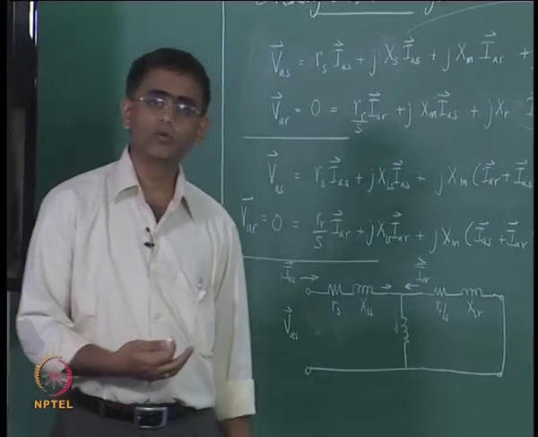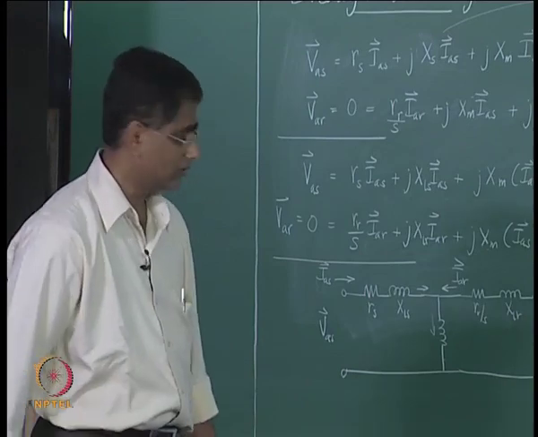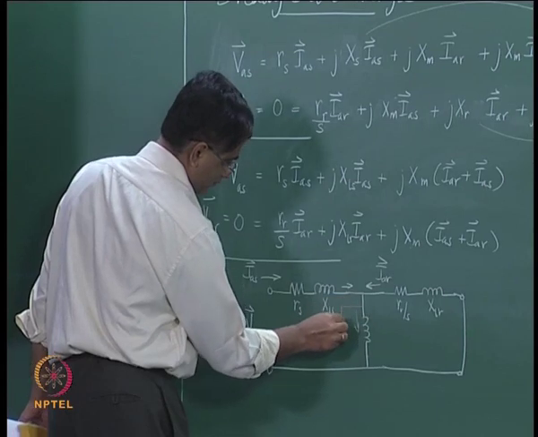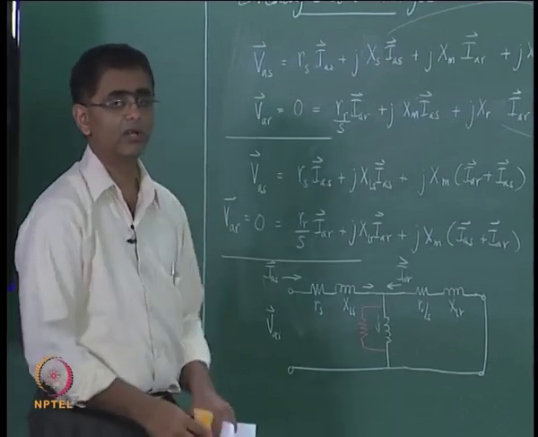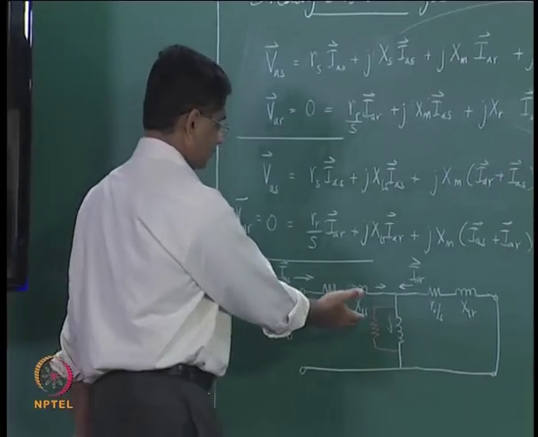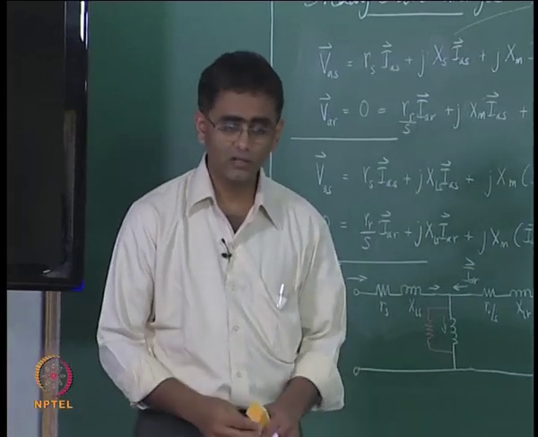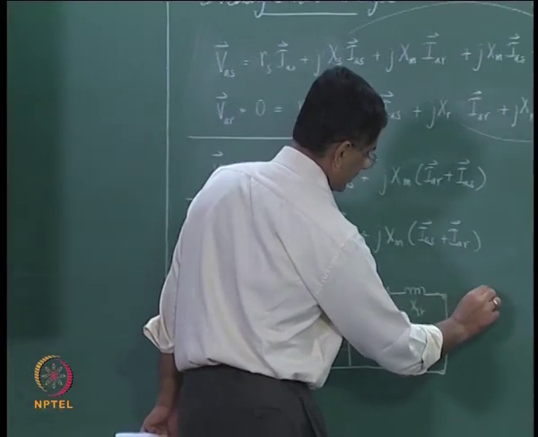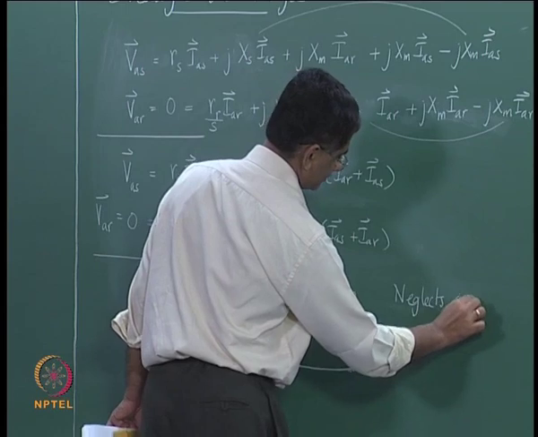which definitely looks very similar to what we have studied in the first course on machines, except for this additional resistance which comes in the normal exact equivalent circuit of the induction machine. Where is this resistance? Why is this resistance not there in the formulation that we have done? This resistance is not there because all this analysis neglects core losses.